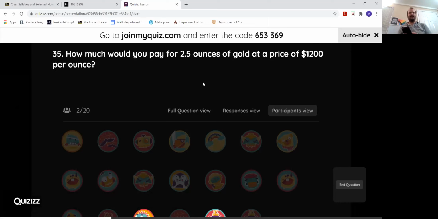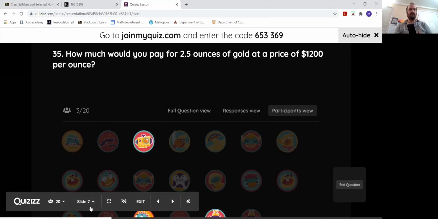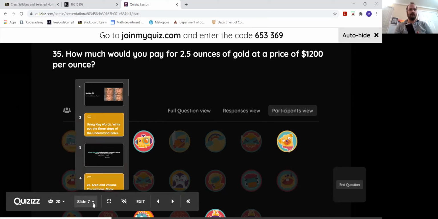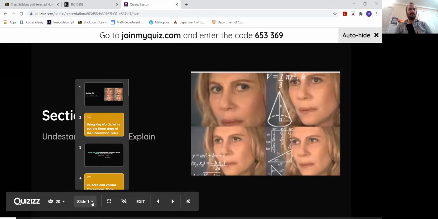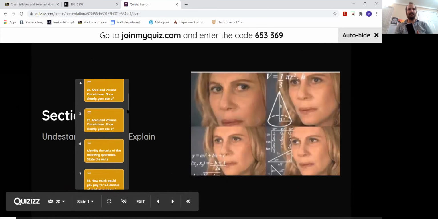I don't remember if I got this thing broken down. I feel like I broke this down on the next page. The slide 7. Oh, don't do this. Shoot.